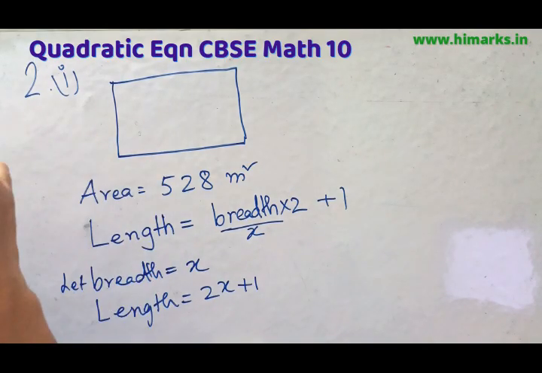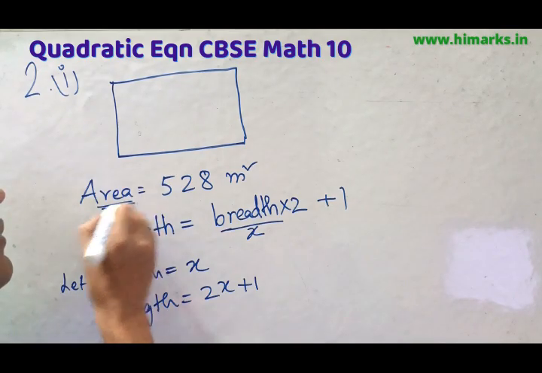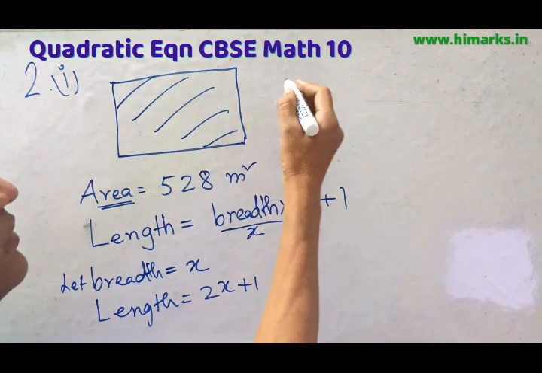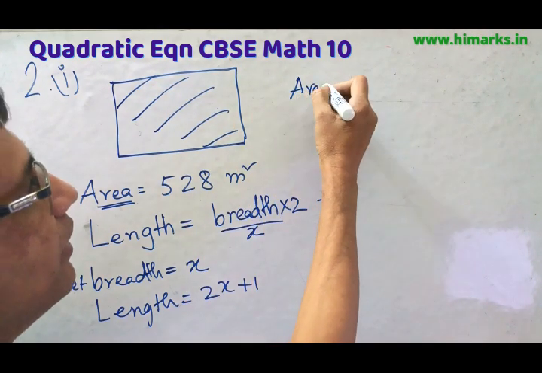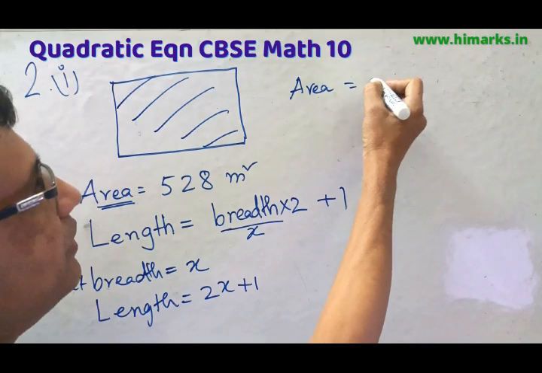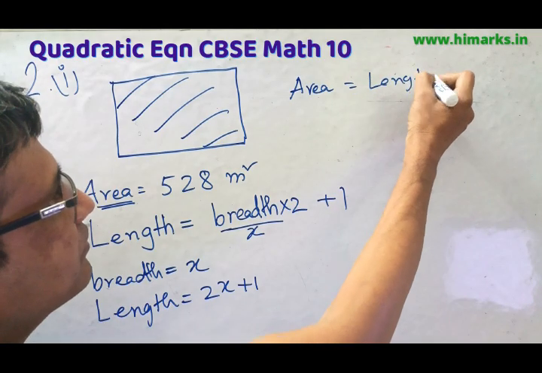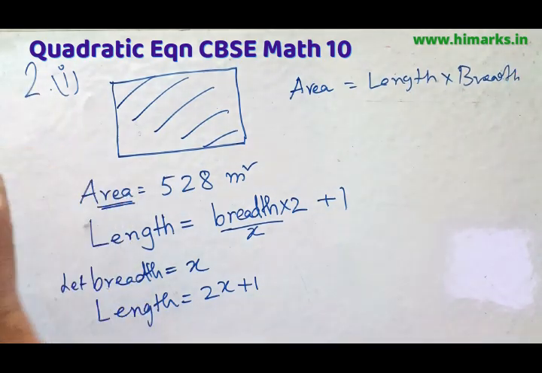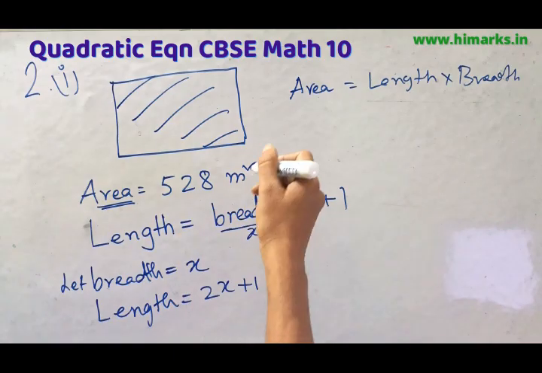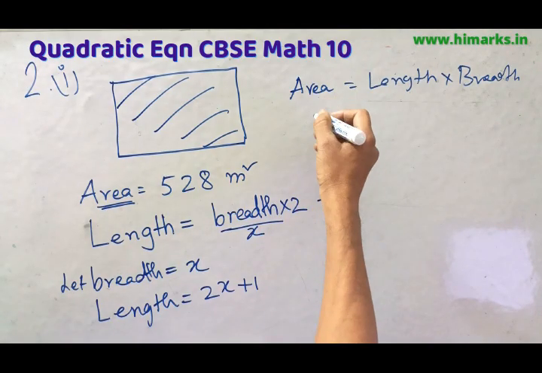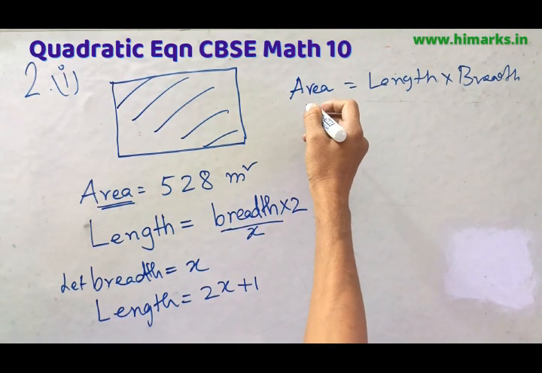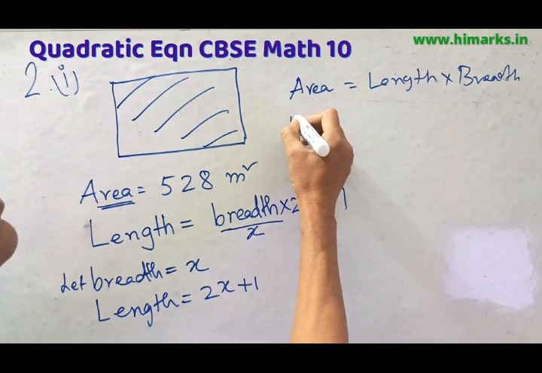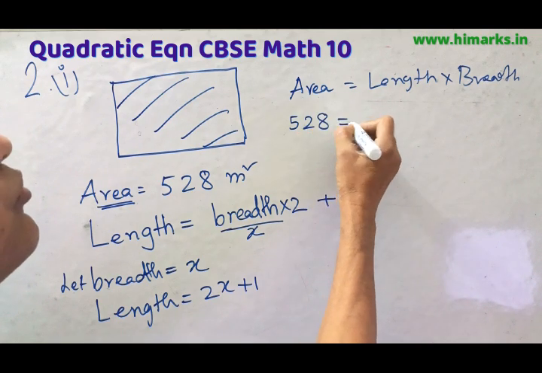Okay, now we know area. Area is what? Area for a rectangle is length and breadth. So area is length into breadth. So that means this area is 528 equal to length into breadth.